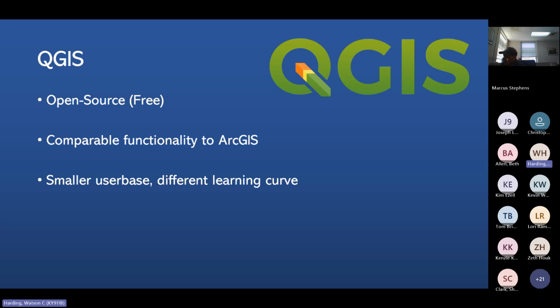And as I said, the learning curve isn't necessarily more, it's just different. So if you're someone who's more comfortable working with open source software, it's something I encourage you to check out. Because again, you can get a lot of bang for your buck when your buck is 0.